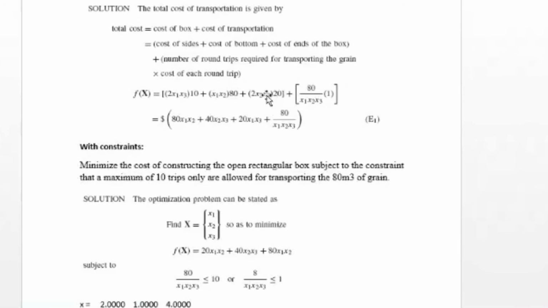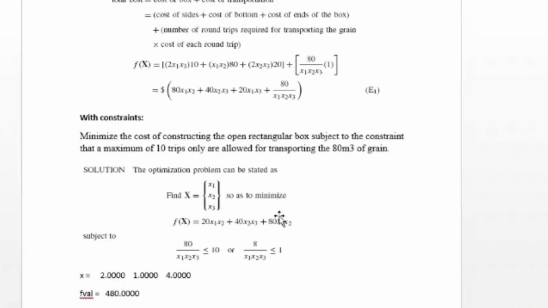Whereas for the same problem, if a little modification is done: minimize the cost of constructing the open rectangular box subjected to the constraint that a maximum of 10 trips only are allowed for transporting the 80 meter cube of grain. So here the constraint is only 10 trips are allowed. So there is a constraint.